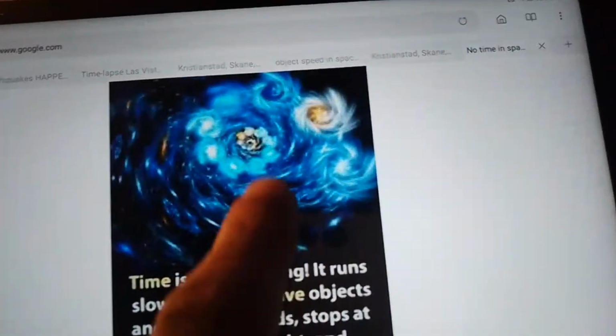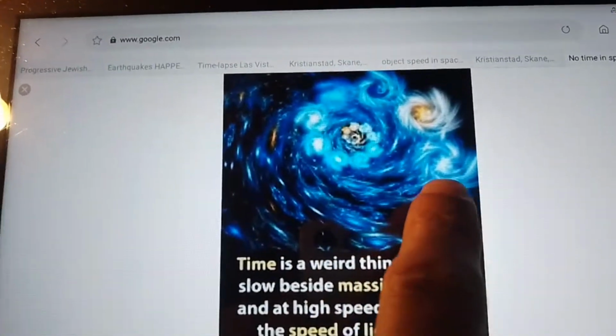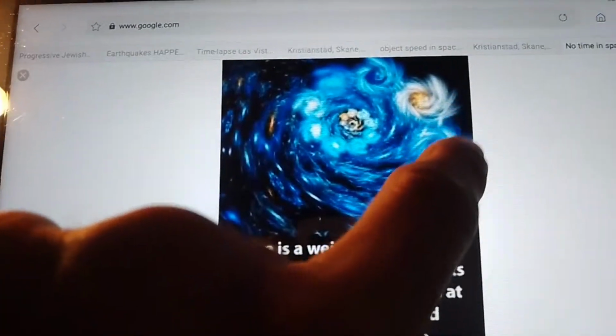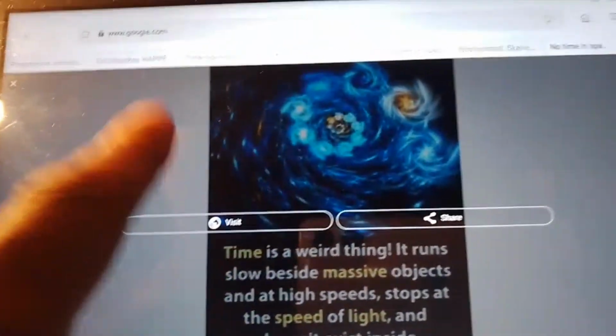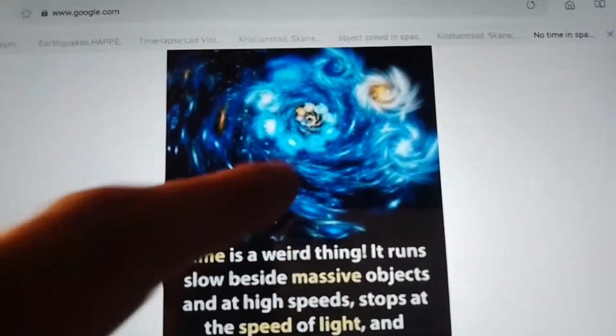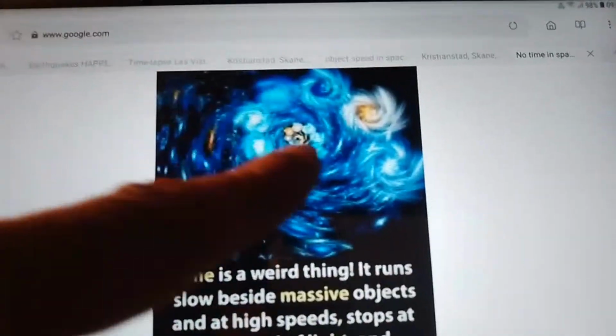So we don't see only the black hole, but we see the object. We see it like that, and this movement creates the black hole. Understand? So where's the object?